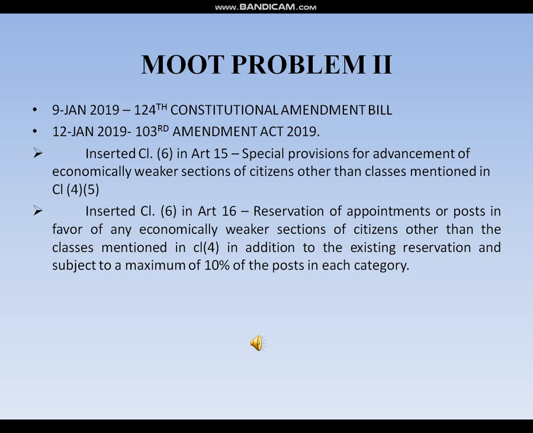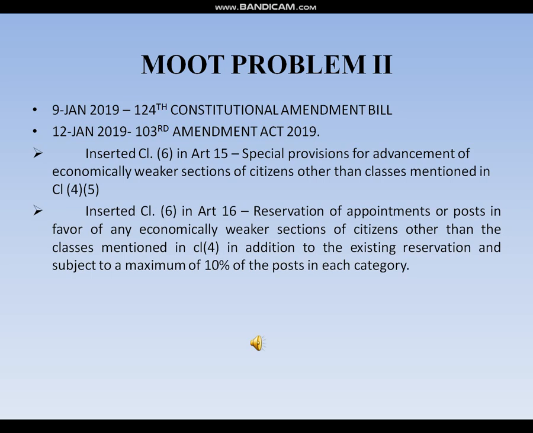Okay, so now the next insertion which was done by this amendment is Clause 6 of Article 16. This is again the same thing, reservation, but with regard to appointments or posts in favor of, again, economically weaker sections of the citizens. Again, other than the classes mentioned in Clause 4 of Article 16.